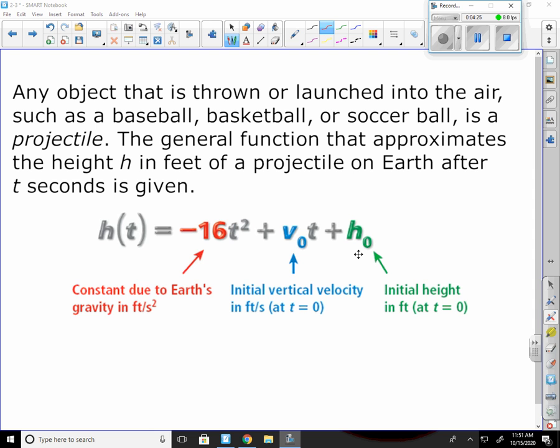So because that was on the ground already, my h naught in that case would be 0. It's where it's at before I actually kick it, or shoot it, or throw it. If I'm shooting a basketball, my h naught's not going to be at 0. It's going to be at the height of my hand as I release the ball.